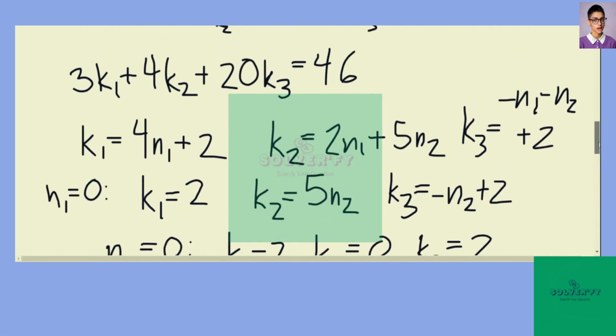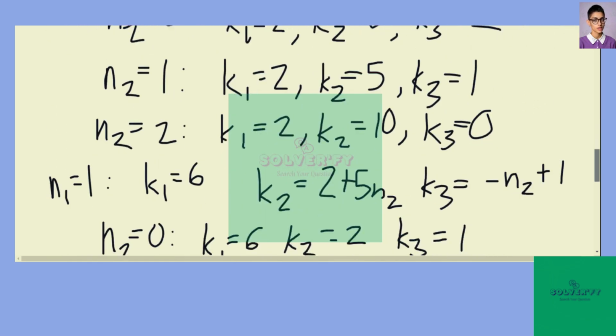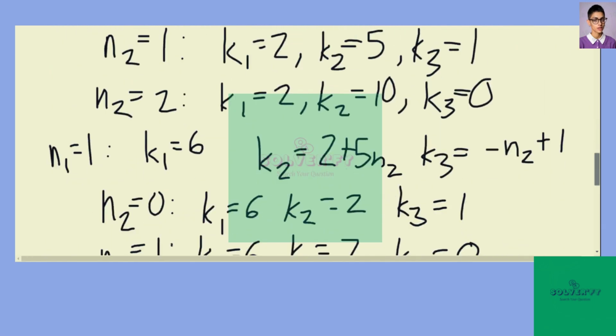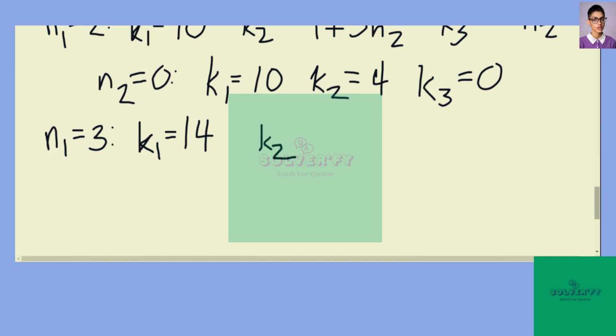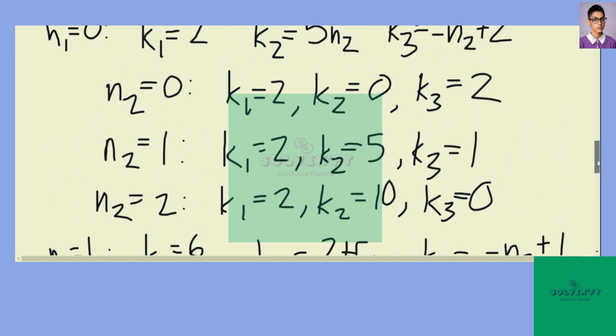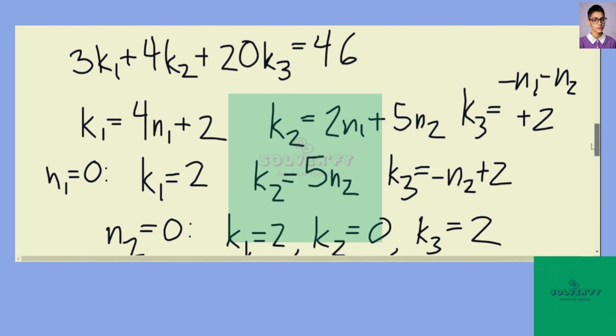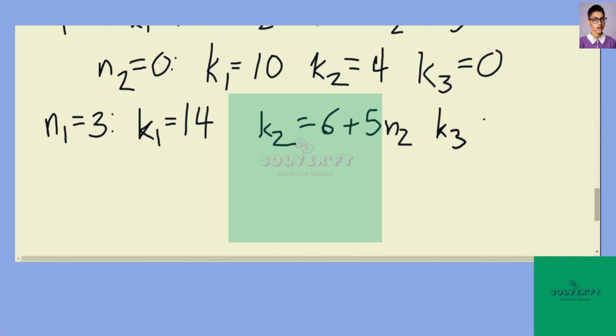And k2 is going to be 2 times 3 is 6 plus 5n2. And k3 is going to be negative 3 minus n2 plus 2, which is negative 1 minus n2.